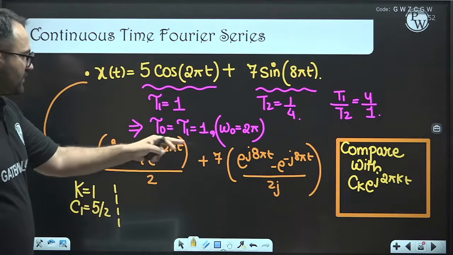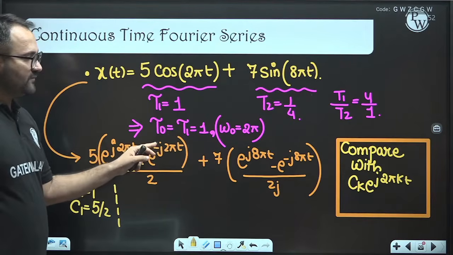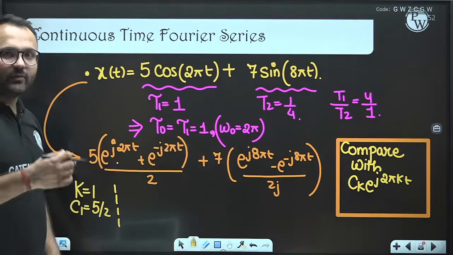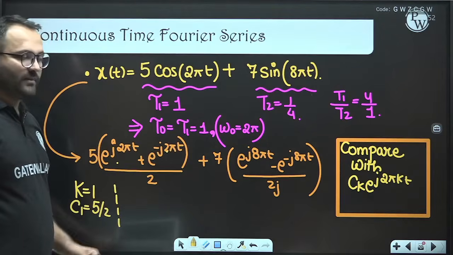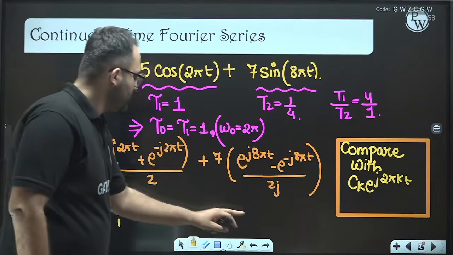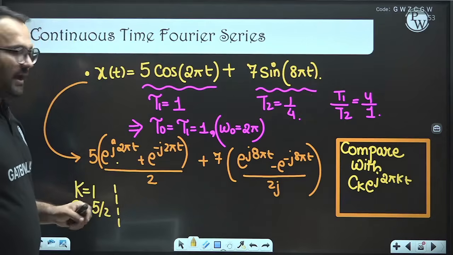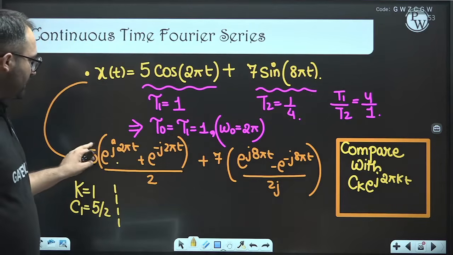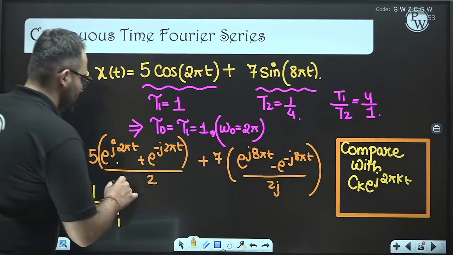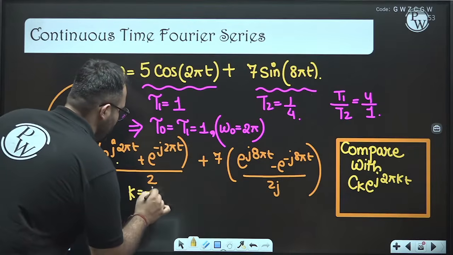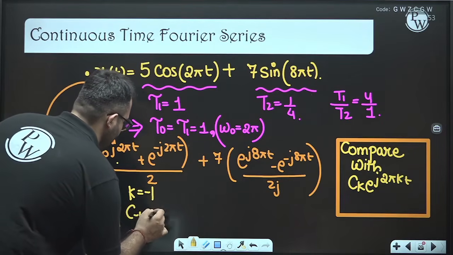Second, if we compare the exponential power, we get k equal to minus 1, and the coefficient is also 5 by 2. So for k equal to minus 1, c of minus 1 equals 5 by 2.